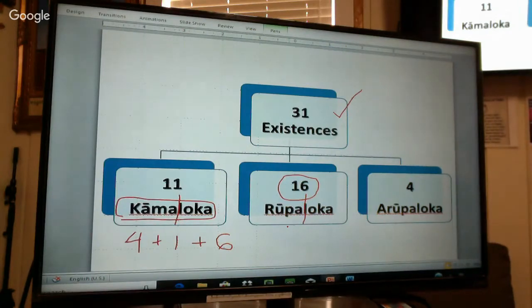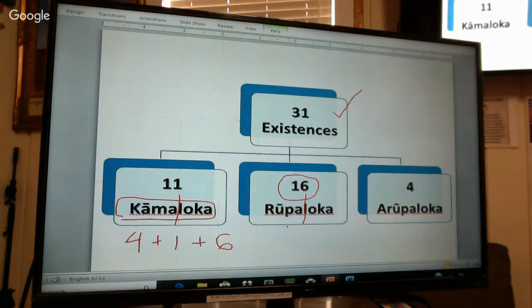So that living being, that sphere, we call form sphere. That is the English translation of form sphere, but there is no direct Pali translation, no equivalent translation.